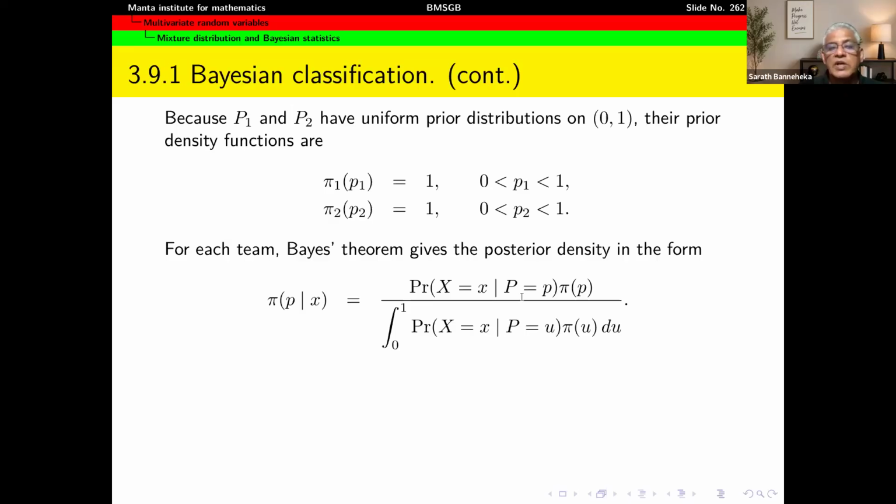In this case, to make it clear, we are using a different label for the variable of integration, with the integration from 0 to 1. Otherwise, this would have been the integral of the density of X given P equal to simple p, times pi of p, dp. That's perfectly correct.